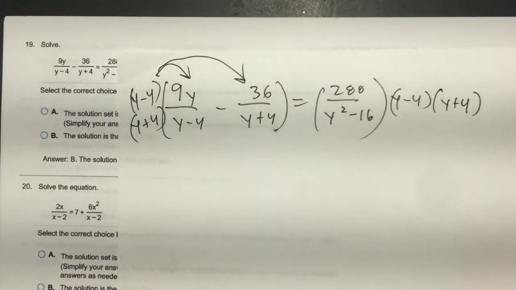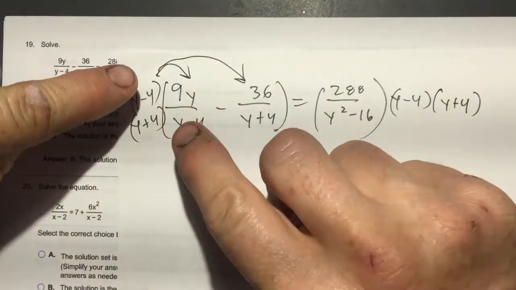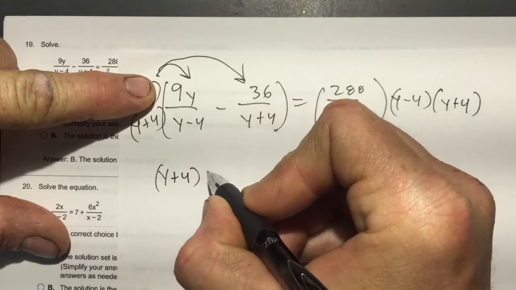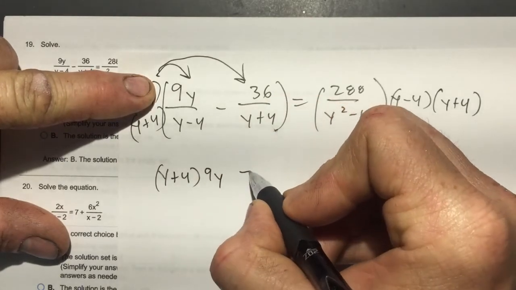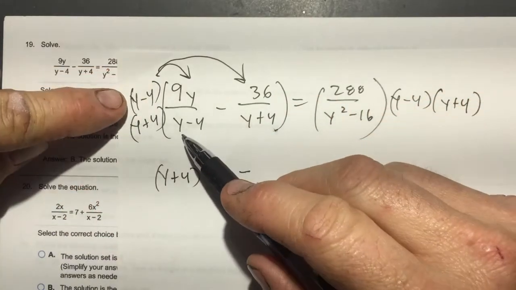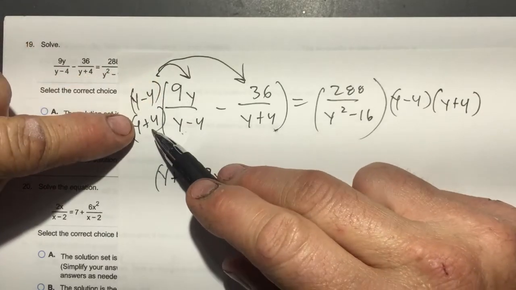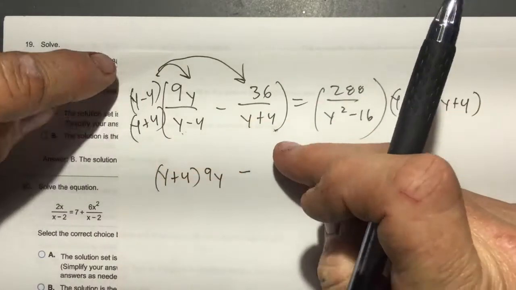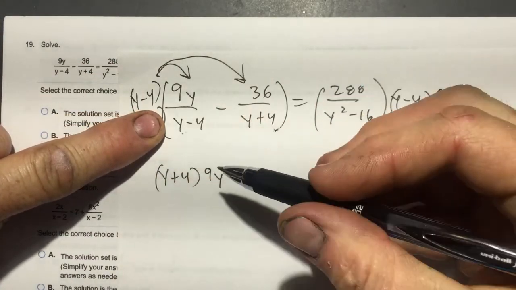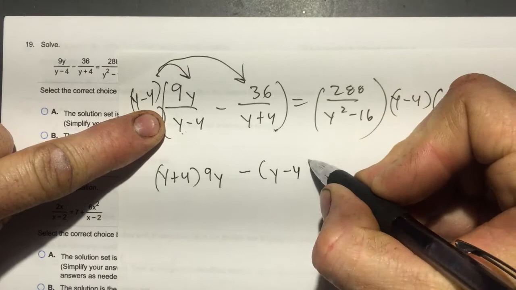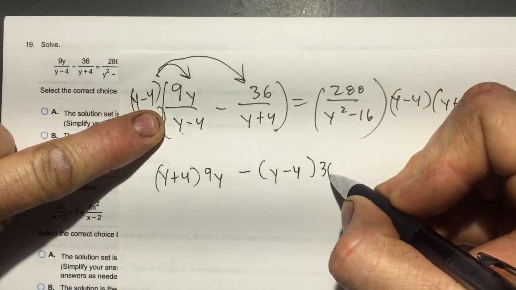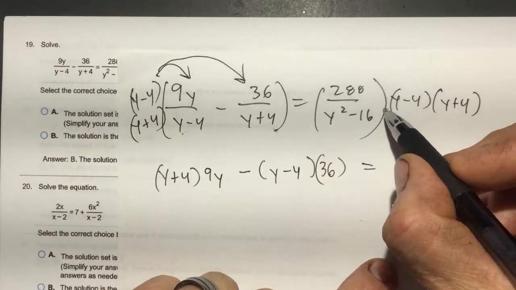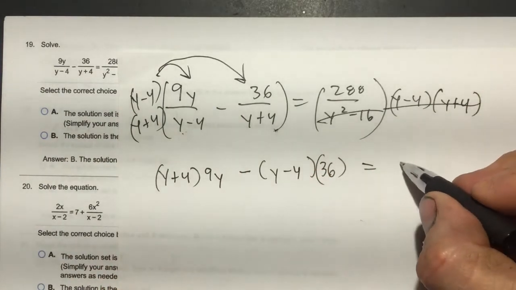When I multiply to this one, the y minus 4 is going to cancel, so I have y plus 4 times 9y. When I distribute into here, the y plus 4's will cancel, so I have y minus 4 times 36, equals, over here, these will cancel entirely. I just have 288.